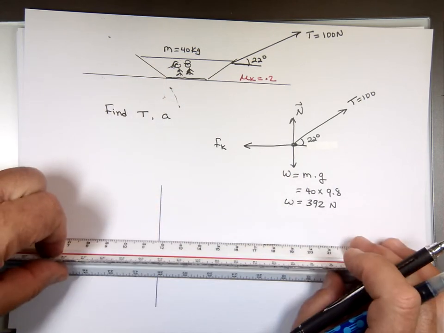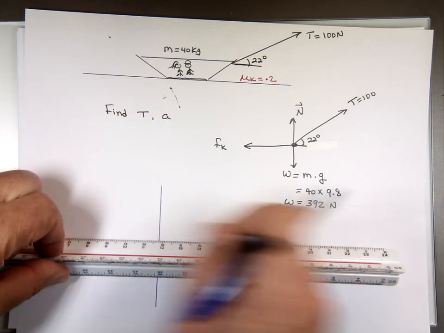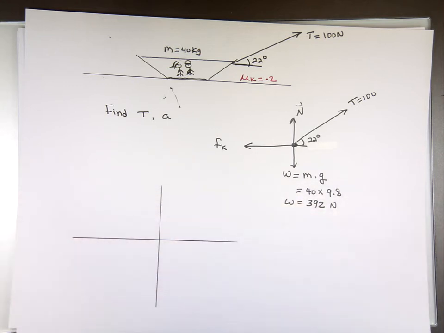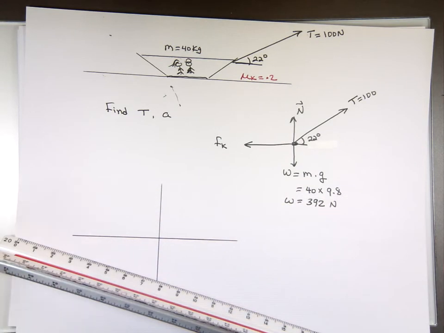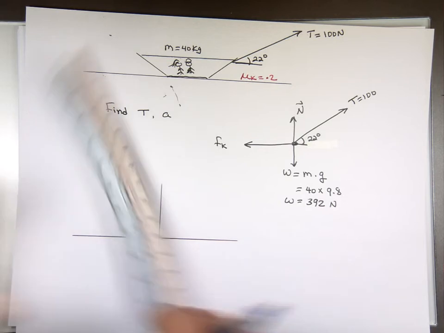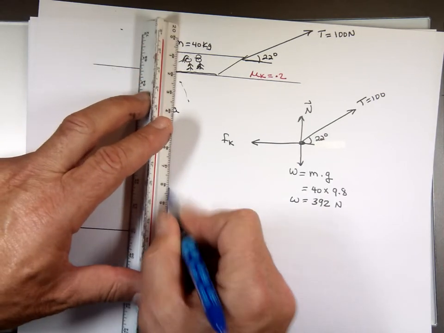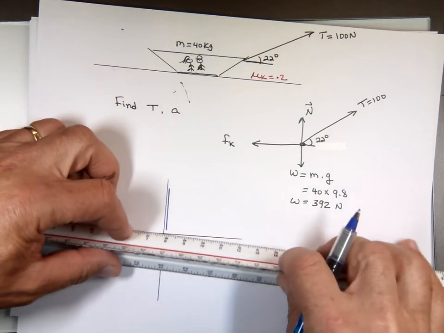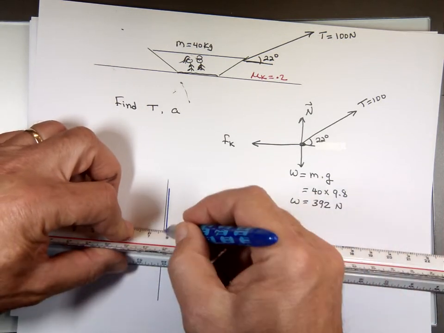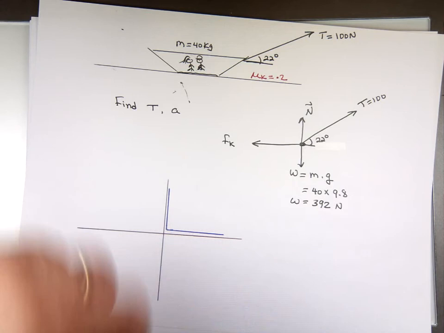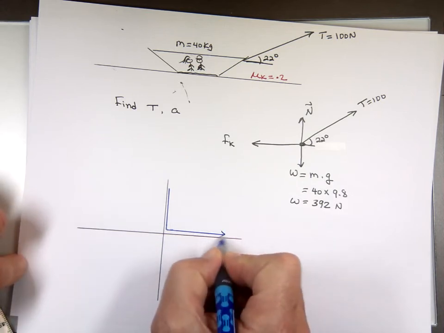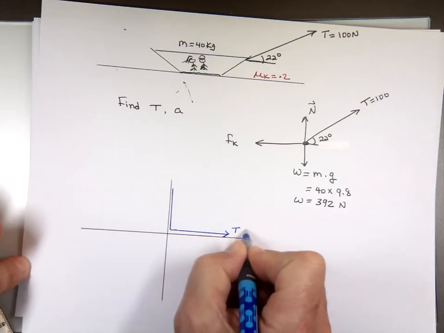So I'm going to take this tension here, and break it down to two components, one in the x direction and one in the y direction. The one in this direction is going to be T cosine 22 degrees.